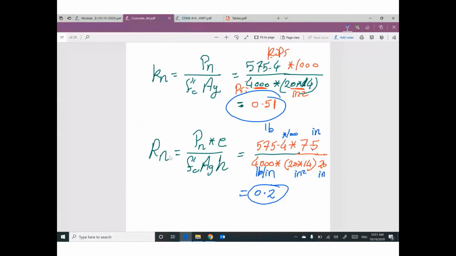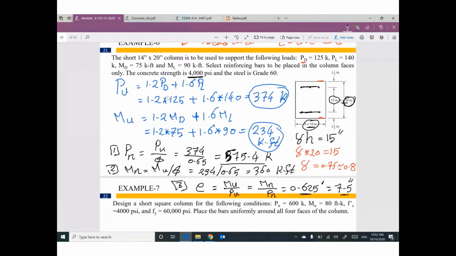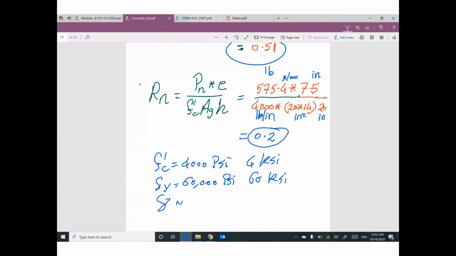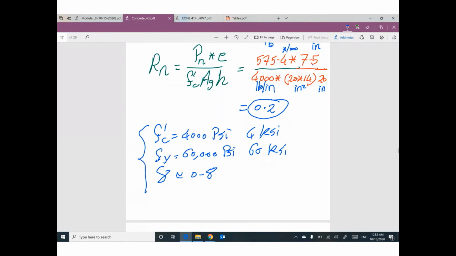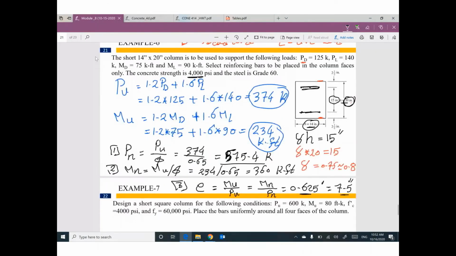So just to make sure, F prime C equal 4,000 psi, or sometimes 4 ksi. F yield 60,000 psi, sometimes 60 ksi. Gamma equal 0.8. I'm looking for one more thing: the steel reinforcement on two sides, this side and this side only.